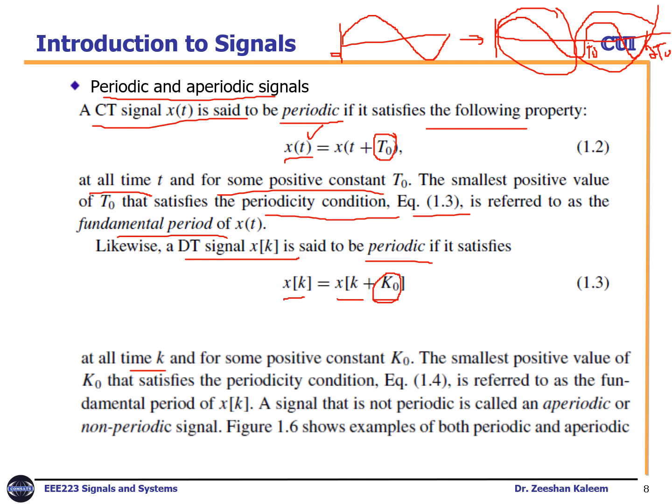For some positive constant k naught, the smallest positive value of k naught that satisfies the periodicity condition, equation 1.4, is referred to as the fundamental period of x of k. A signal that is not periodic is called an aperiodic or non-periodic signal. The figure shows some examples of both periodic and aperiodic signals.